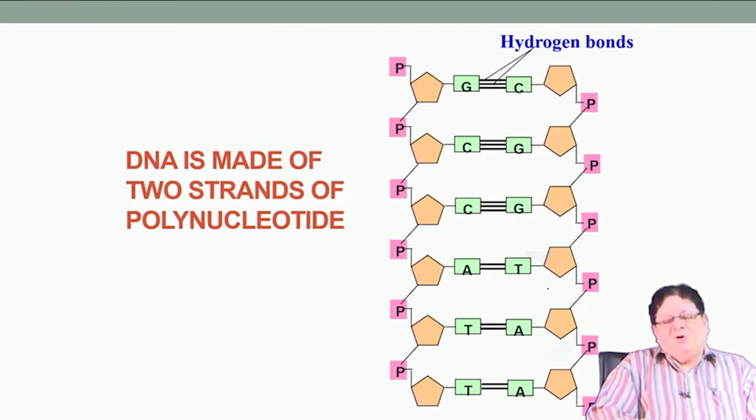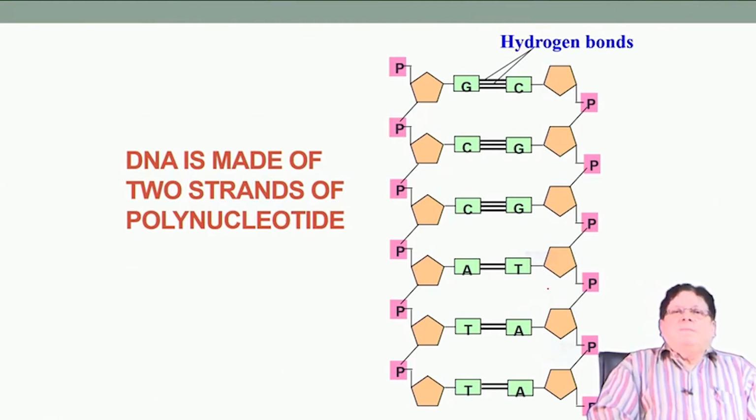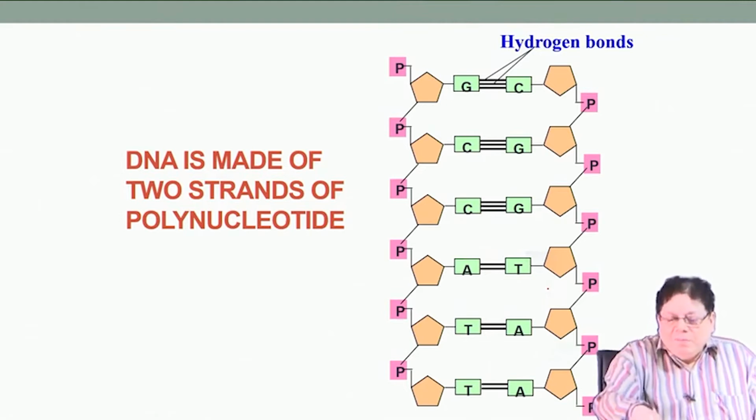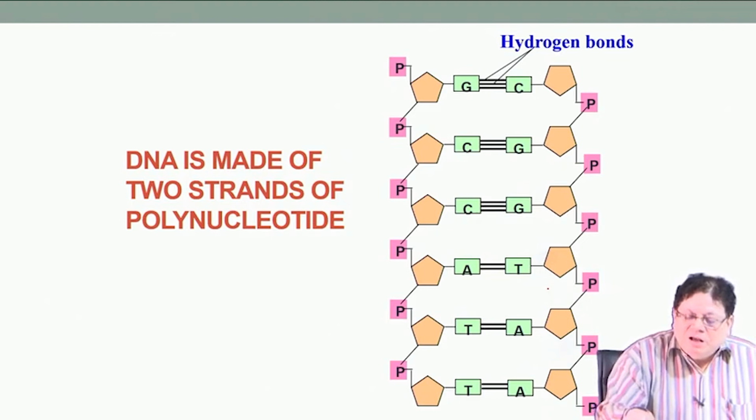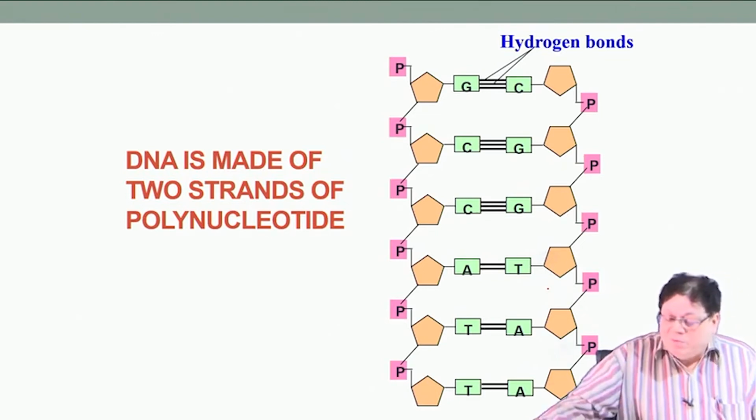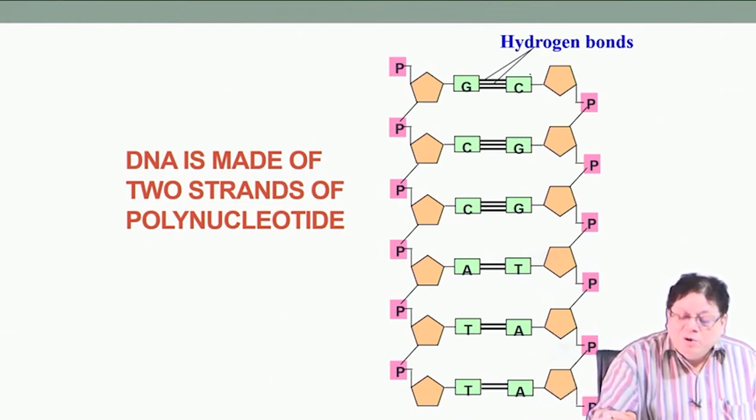helical structure, and not only helical structure, there are two helical strands which are joined together by weak forces. Also at that time they said that it is the guanine base, that is one of the purine bases, which is hydrogen bonded to a pyrimidine base.